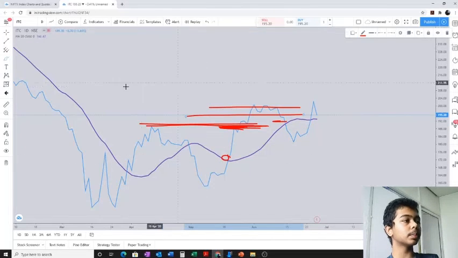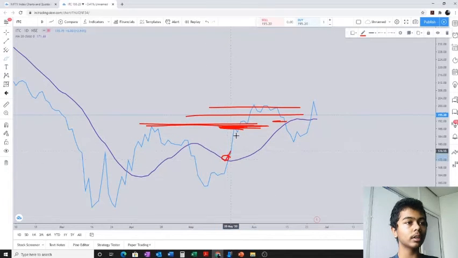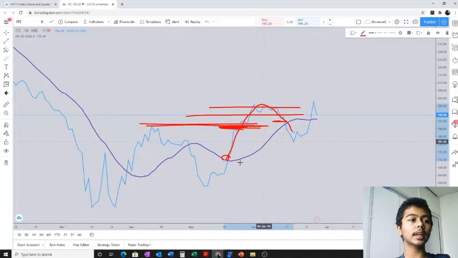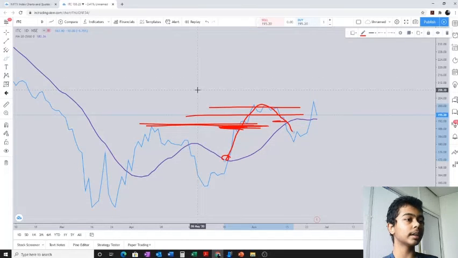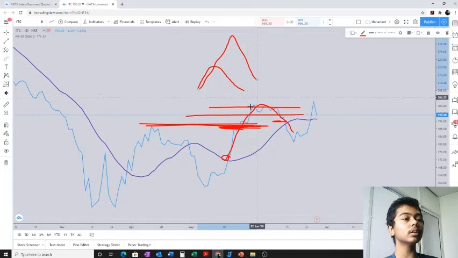So I look at the previous levels and then I decide my target. I don't wait for it to come below again, because it makes me sit for a longer time, and sometimes it goes quite up and just comes back down. So I just exit my position when my target is reached. I keep my own target looking at the different levels.